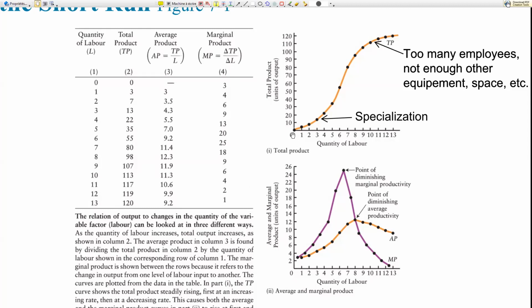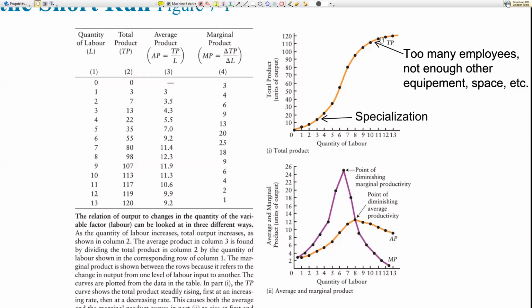And as you can see, this increase is larger and larger, so this part means that the more I increase the staff, the more productive the extra worker is. So this purple curve goes up.